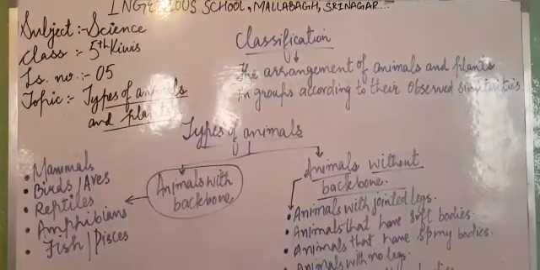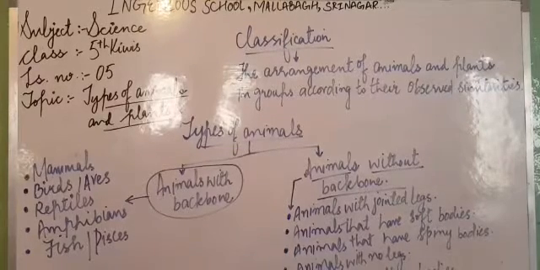Depending upon the similarities, animals and plants are placed in a single group. The animals and the plants with similar features are placed in a single group.